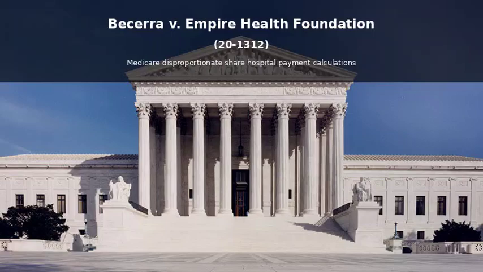Got it. Your second argument, which you call your Encino argument, I might think of as a Chenery argument, is that the government is now relying on different sets of arguments than were in the rulemaking, and that should be taken into account before we grant it any kind of deference.